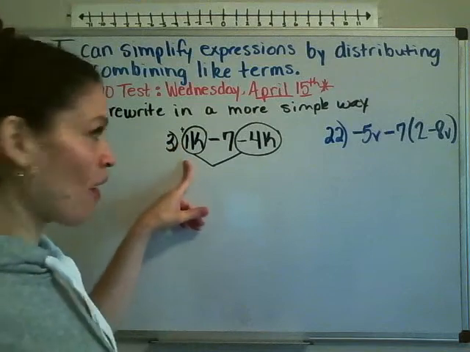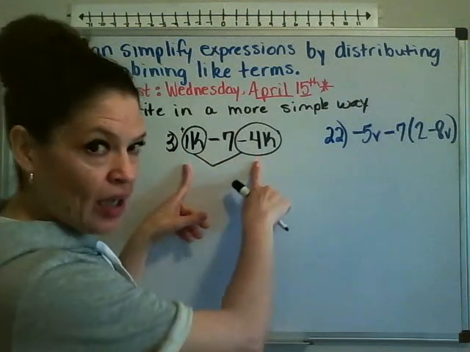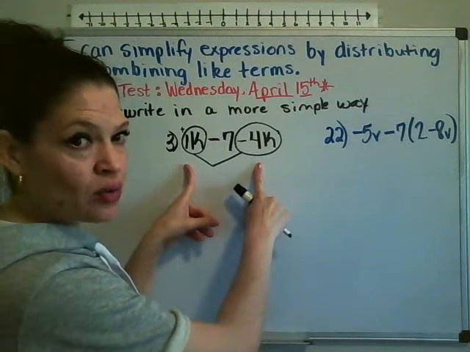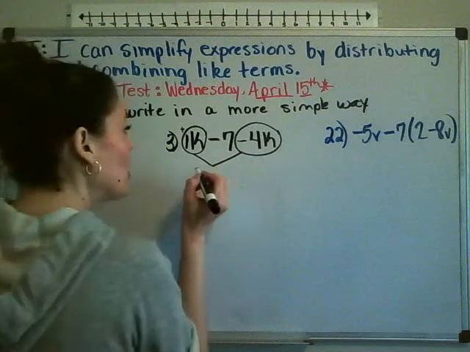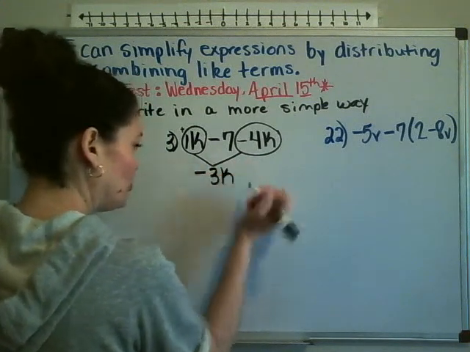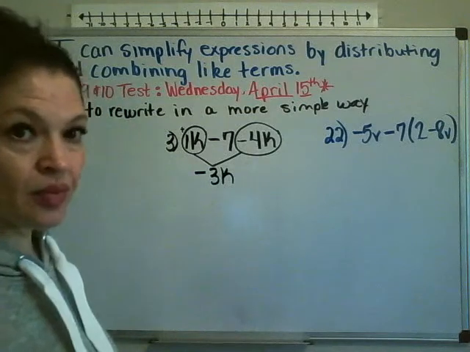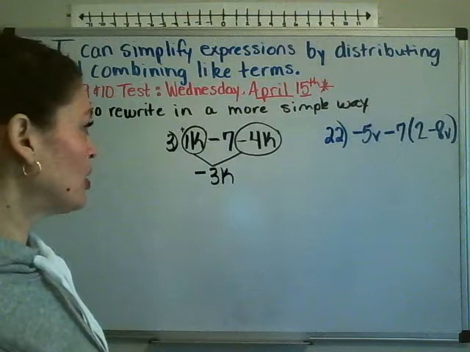So a positive 1k minus 4k should give you a negative 3k. All right? Okay, so we combined our variables.